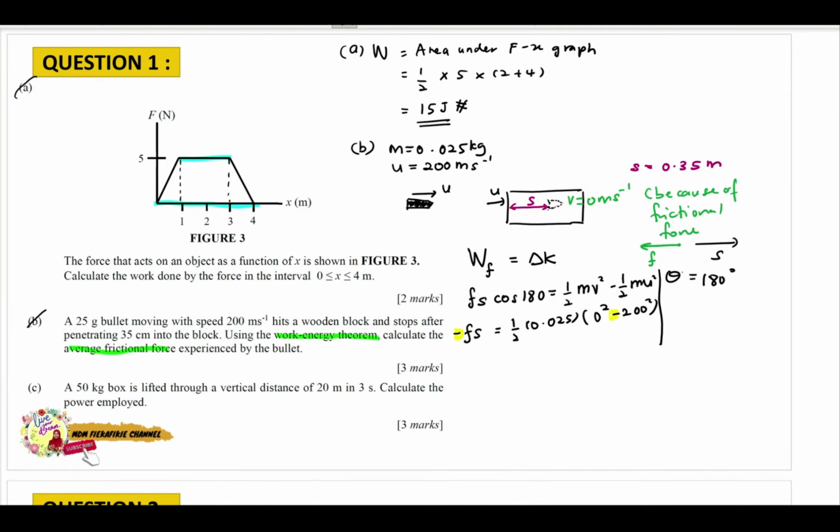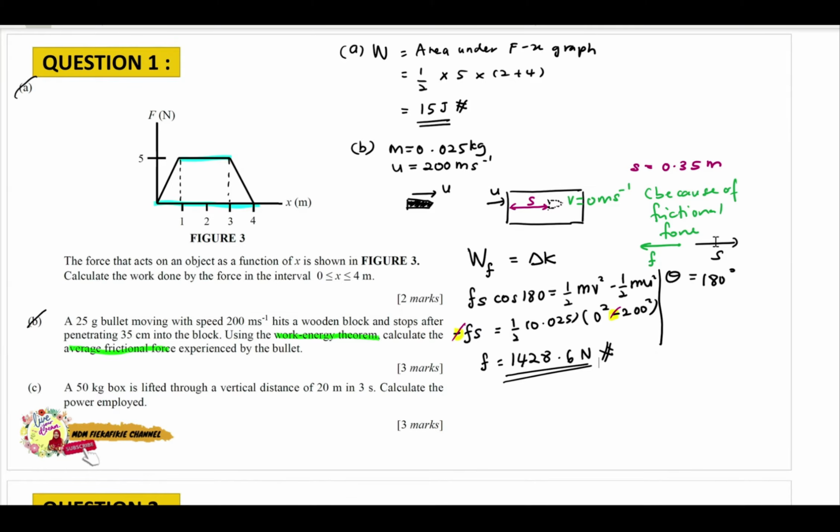Okay, so ini kita boleh cancel lah negatif ni nanti. Alright, and then finally, frictional force, you akan dapat 1428.6 Newton. Okay, so the frictional force is 1428.6 Newton. Alright, so that one is the answer for B.